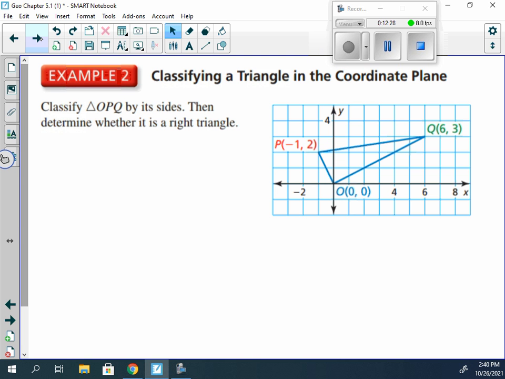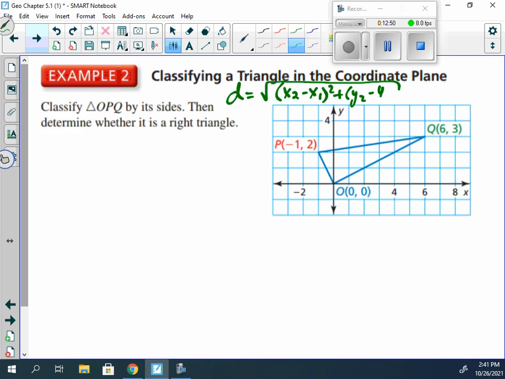Well, we're going to be using the distance formula. X2 minus x1 squared plus y2 minus y1 squared. Really, we're subtracting the x values.